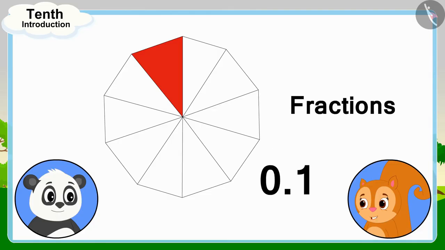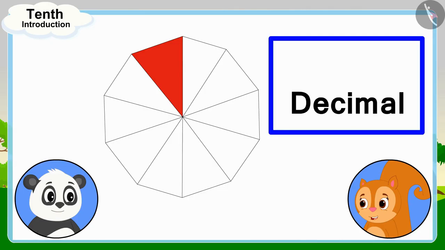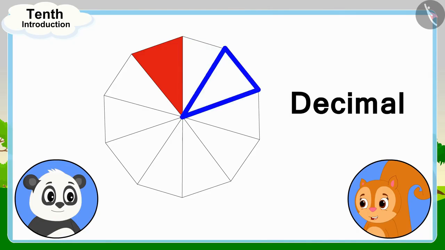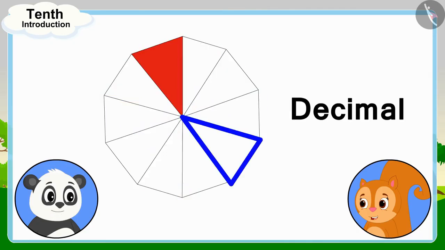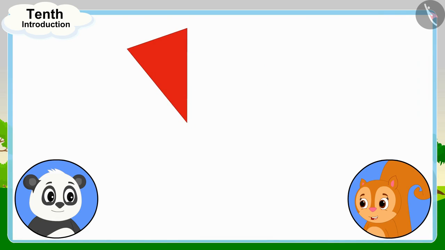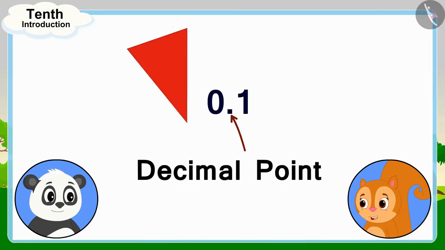I know about fractions, but what is this decimal? Chanda asked Golu. Look, Chanda, decimal means our whole is divided into 10 equal parts. And we are taking one part out of these 10 parts and we write this after the decimal point like this.